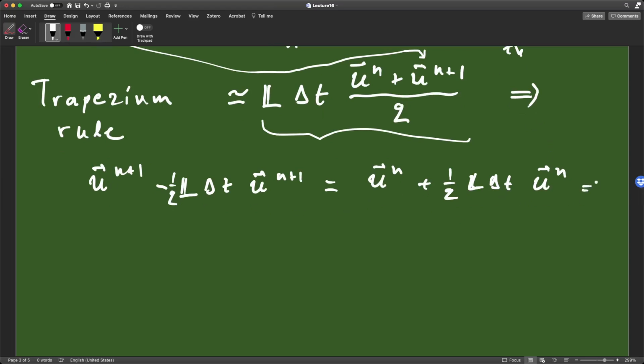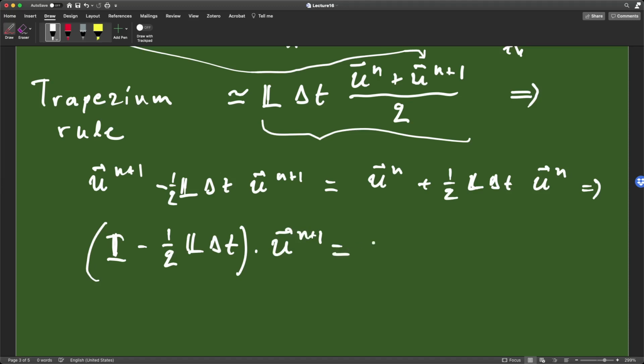So the left hand side will become the unit matrix minus 1/2 L delta t dotted onto Un+1. That's a dot product, a matrix dotted onto a vector. And then on the right hand side we will have the unit matrix plus 1/2 L delta t dotted onto Un.